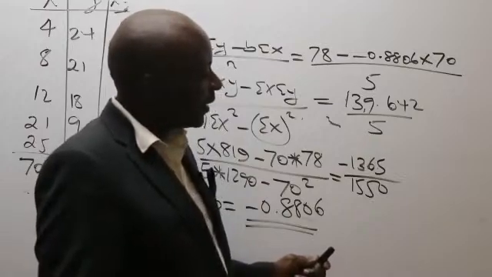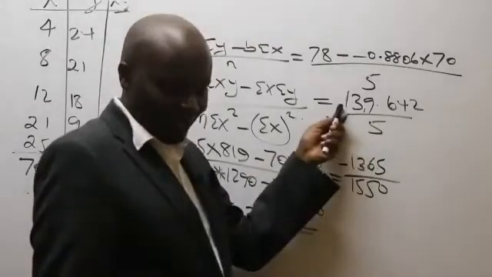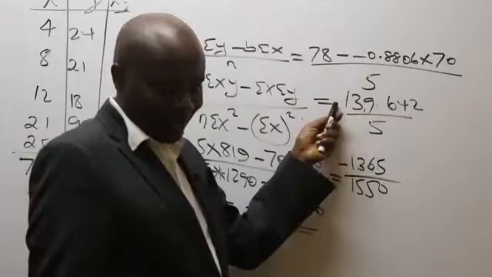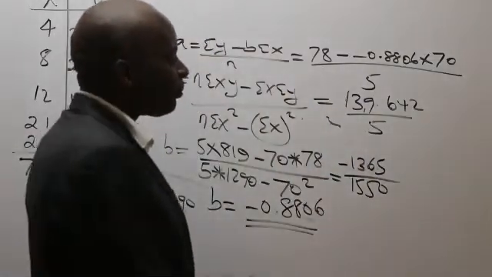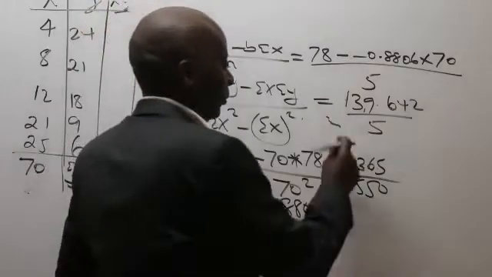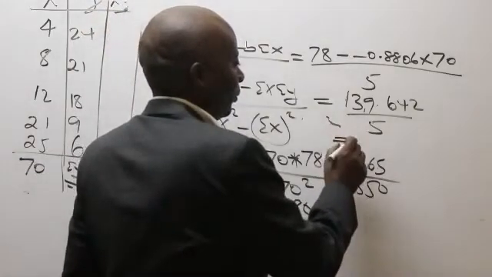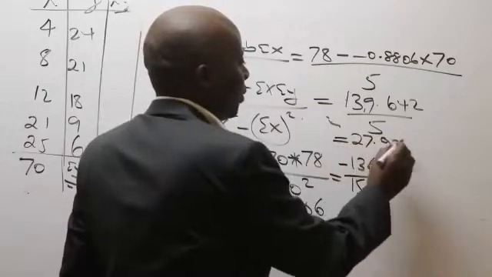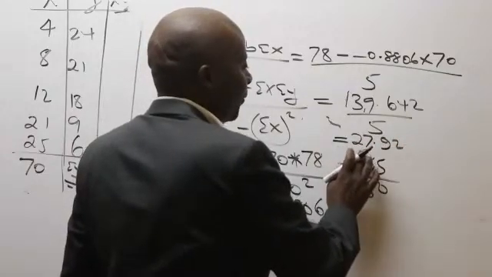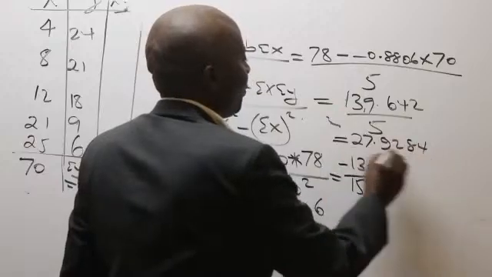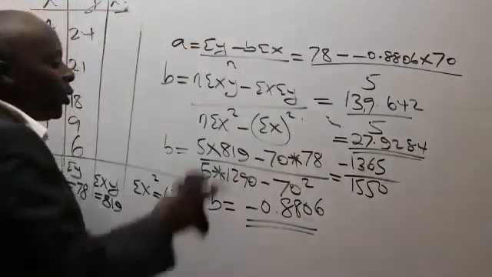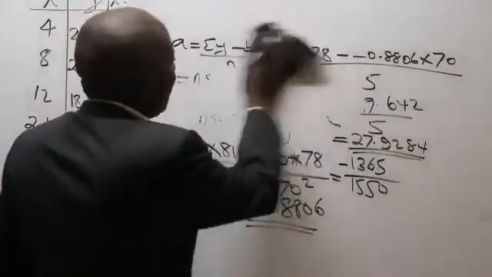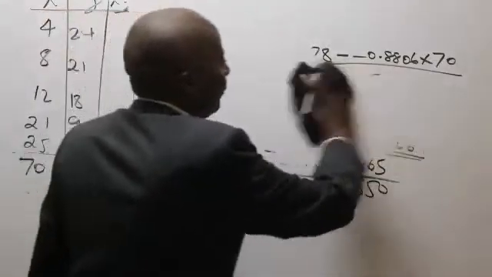I had confused the negative and positive signs. Okay, so this figure is correct. Divided by 5. So finally, what do we have there? 27.92. I want 4 decimal places. 84. Thank you very much. And I'm so sure that the moment you have the 2, writing an equation is not anyone's problem here. Great. Thank you very much.